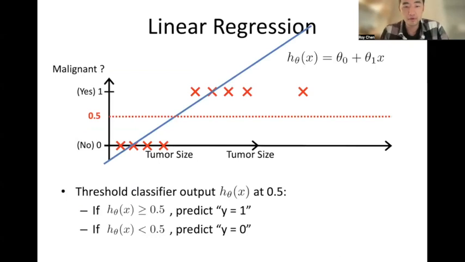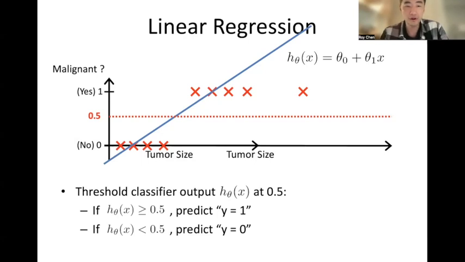So, before we jump into logistic regression, we can use this tumor example to illustrate how we can build a model using linear regression to classify whether a tumor is malignant or benign. Here, as a simple illustration, we use just one feature, X, which is tumor size.